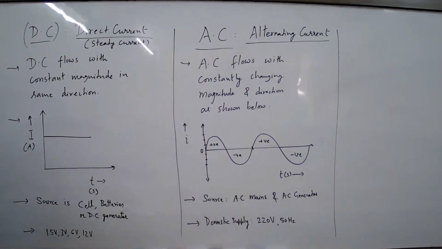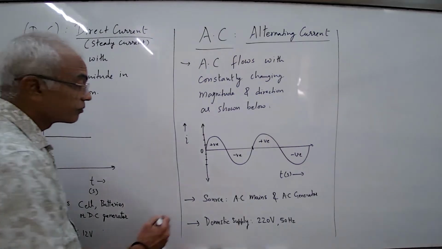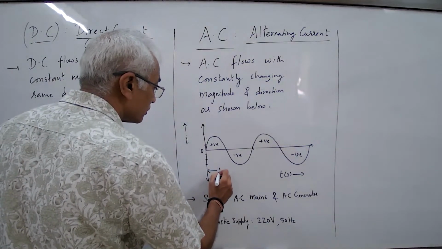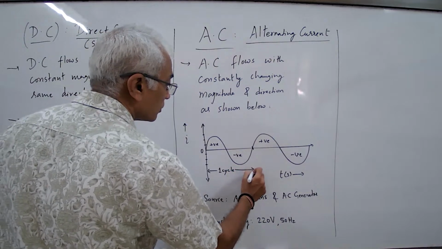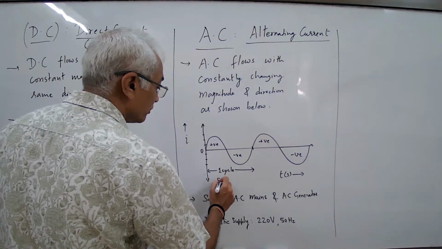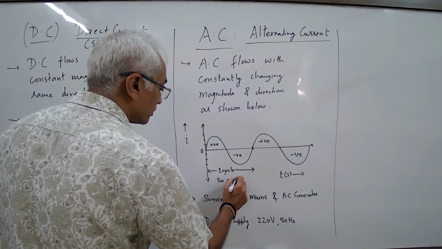Shall we discuss the advantages? This is one side. So 50 cycles per second.